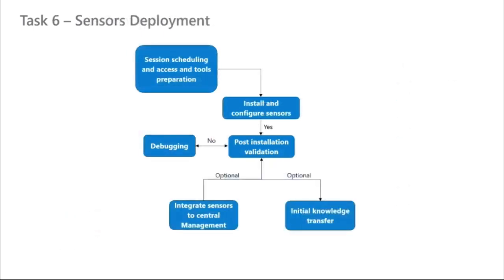Sensor deployment. So we arrived at actually deploying the sensor. We have configured the network in order to accommodate the sensor. We have installed the physical pathway from the network through the switch on a mirror port all the way to the sensor. We are deploying the hardware. The hardware is connected, and now we're installing the software.